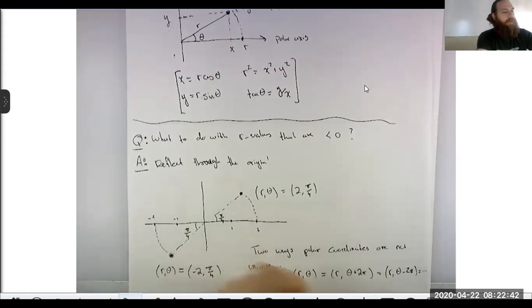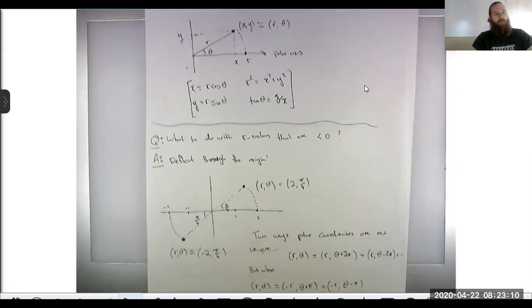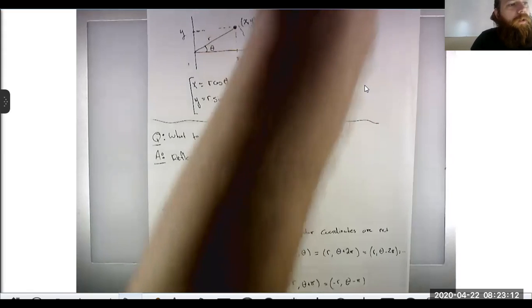So I could say theta plus pi, or -r comma theta minus pi. And then you could also do the 2 pi thing to any of those. So polar points are non-unique, and every point in the plane has kind of two infinite families of polar representations, one where the r's are positive and one where the r's are negative.